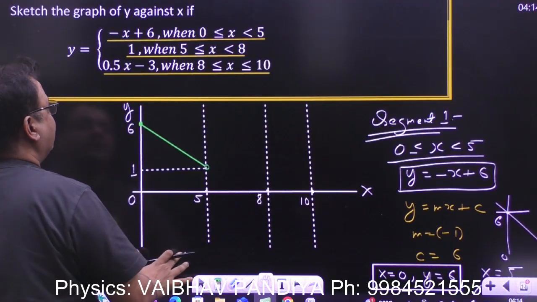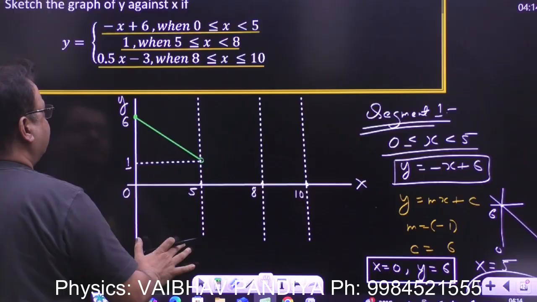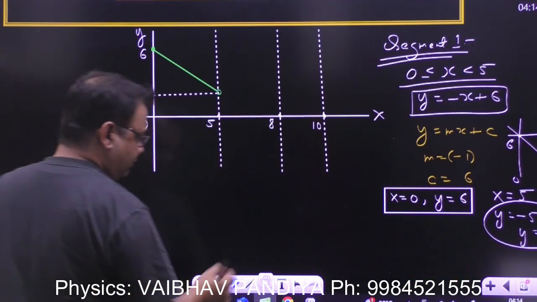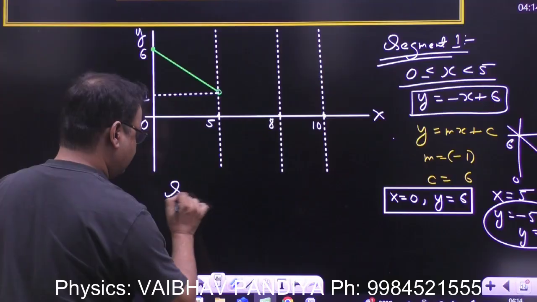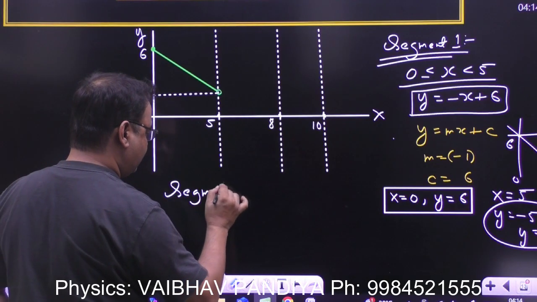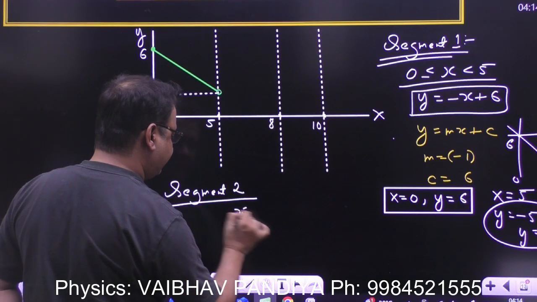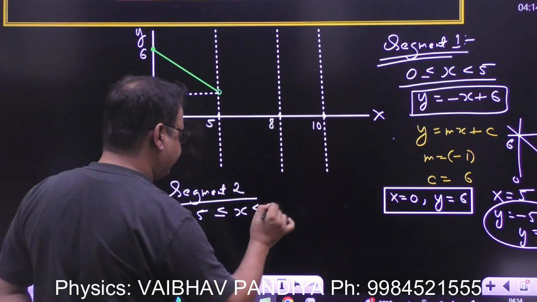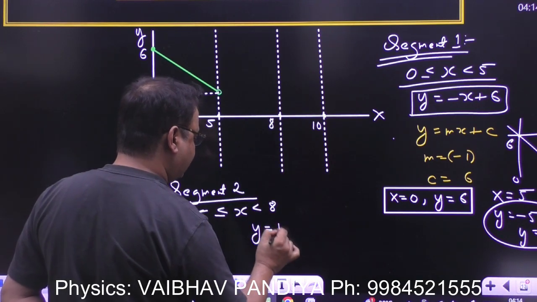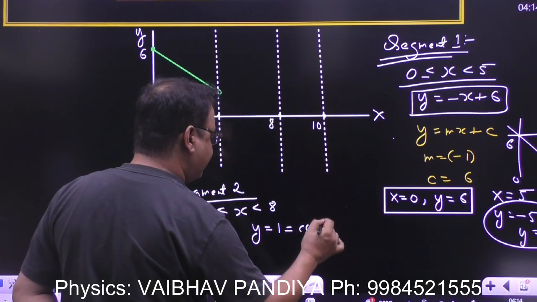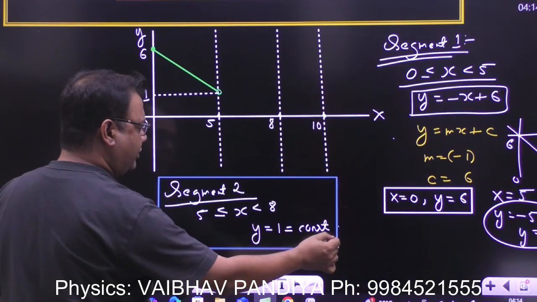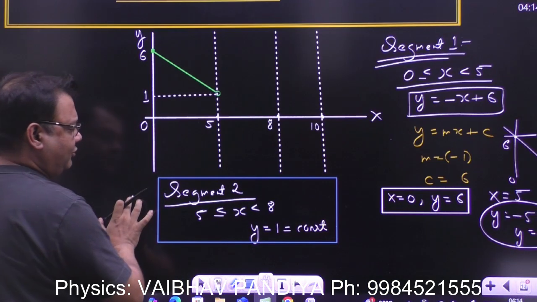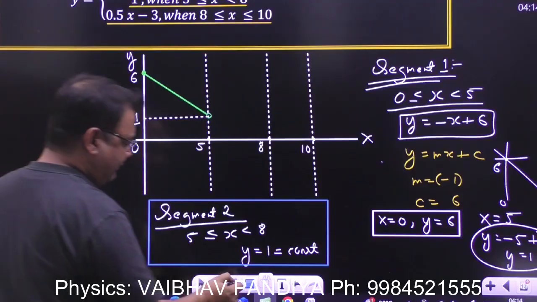Okay. Now between 5 and 8, y is equal to 1. So in segment 2, the value of x is greater than or equal to 5 and less than 8, and y is equal to 1. Now it's a constant function. In fact, you see it is independent of the value of x, so you need not worry about the intercept or slope. It will simply go at 1.